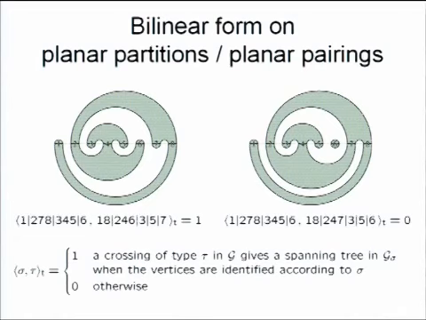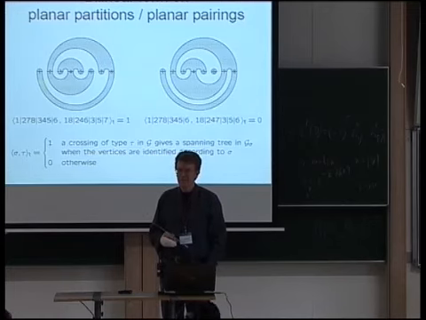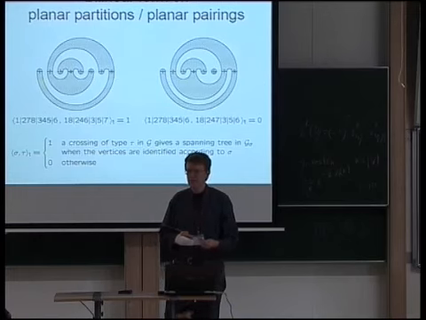If you take the partitions sigma and tau and glue them together, when you divide by q and send q to 0, you get 1 precisely when the two partitions glued together form a tree, and you get 0 if you get something that isn't a tree because it has, say, extra components. Which one is tau and which one is sigma? Well, it doesn't matter because they're symmetric. But if you like, sigma's on top and tau's on bottom.